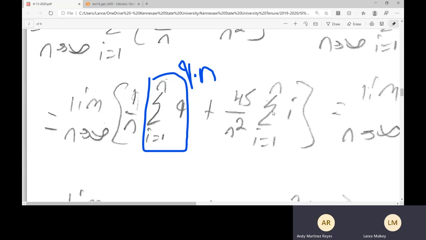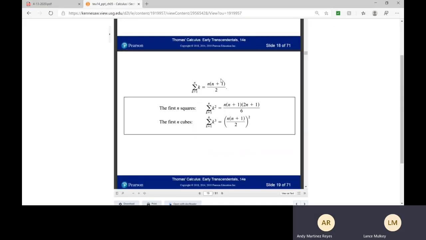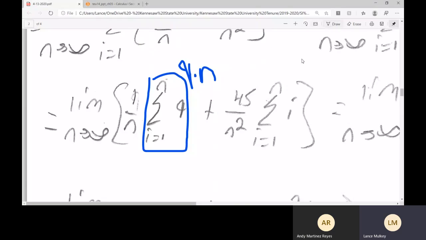And then i, which is just k, is n times n plus 1 over 2. So this right here.